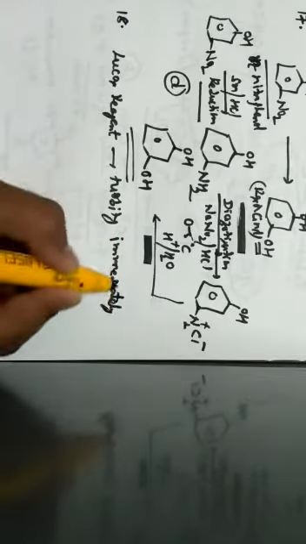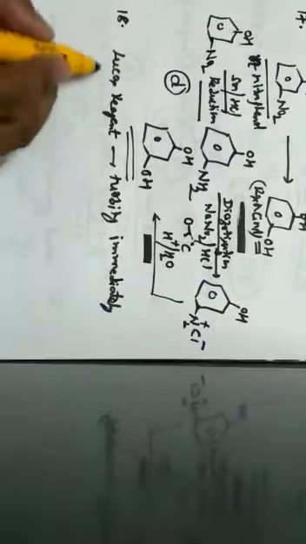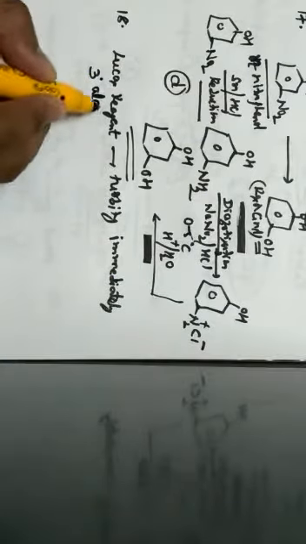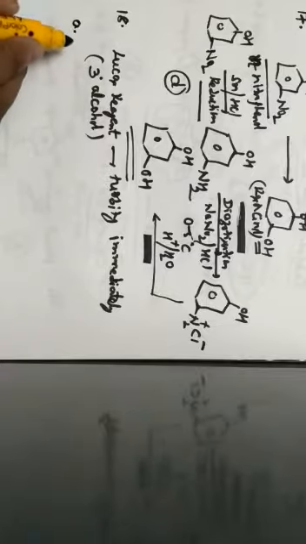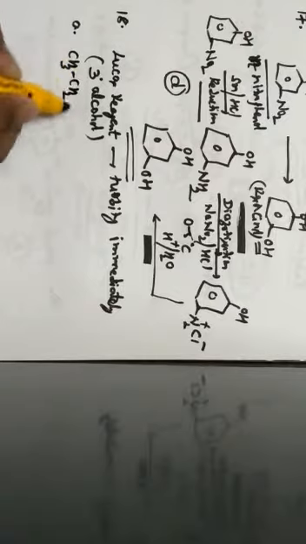If we are getting the turbidity immediately, it should be a 3 degree alcohol. Out of the given structures, let us identify which alcohol is a 3 degree alcohol. So the first option is butane 1-ol, CH3CH2CH2CH2OH. This is nothing but a primary alcohol.